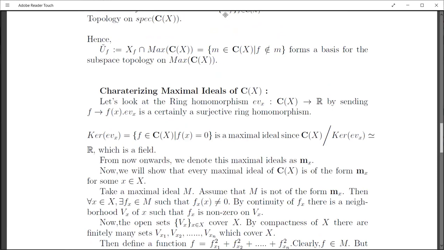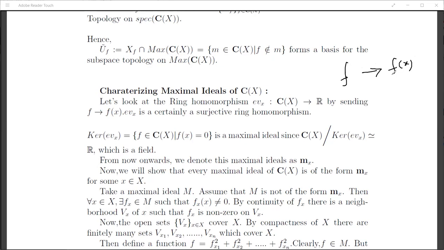And now the property of the space will come in handy. So let's look at the ring homomorphism, which is basically an evaluation at the point x. So you take a function f in the ring of continuous functions, and you fix a point small x in that space, and you send f to f(x).